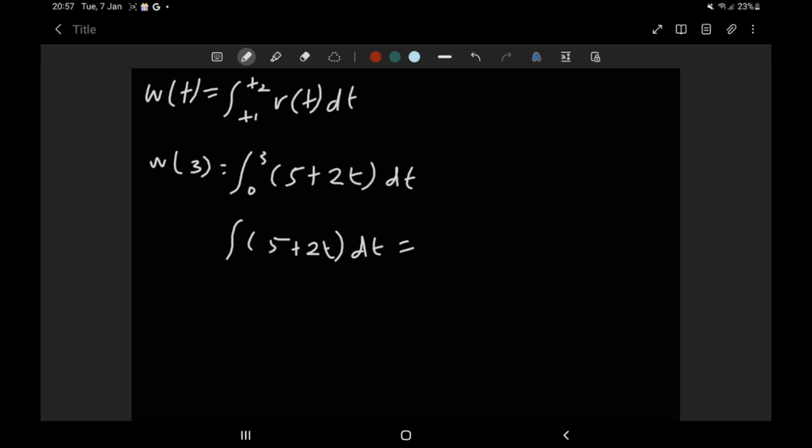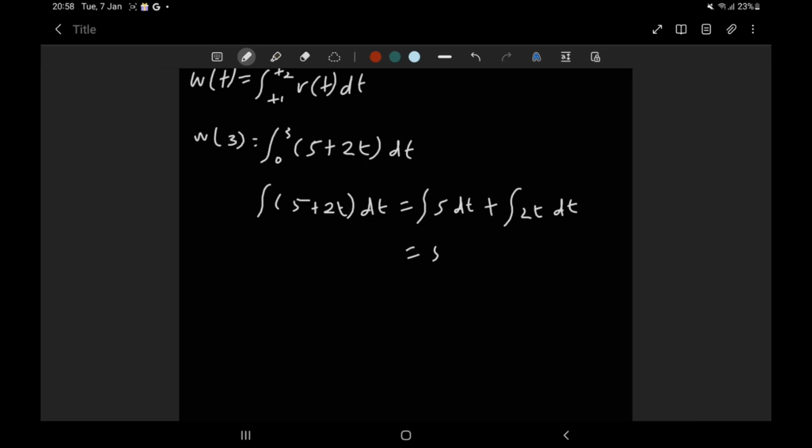The integral of 5 plus 2t dt equals the integral of 5 dt plus the integral of 2t dt. So the answer becomes 5t plus t to the power of 2.